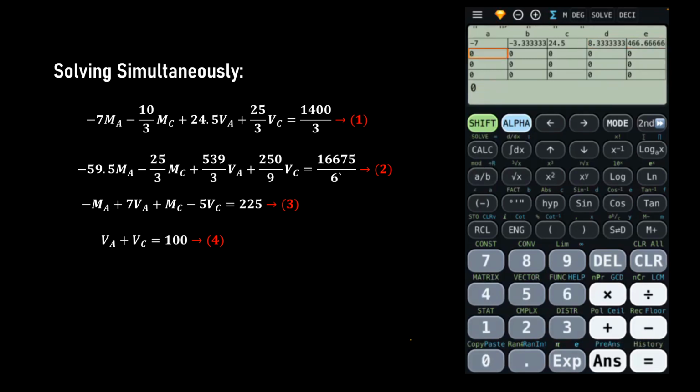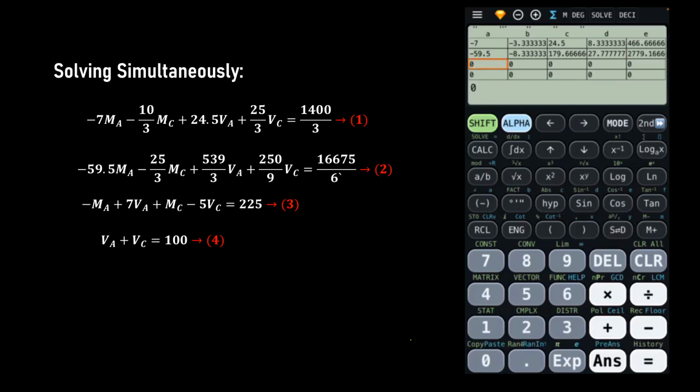Second equation, which is negative 59.5 MA equals negative 25 over 3 MC plus 539 over 3 VA plus 250 over 9 VC equals 16675 over 6.